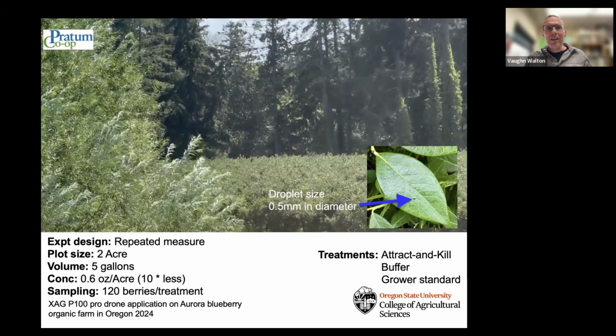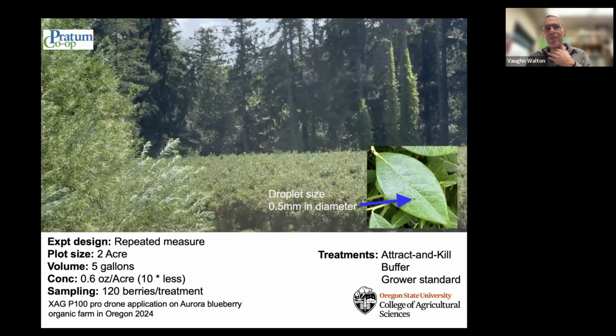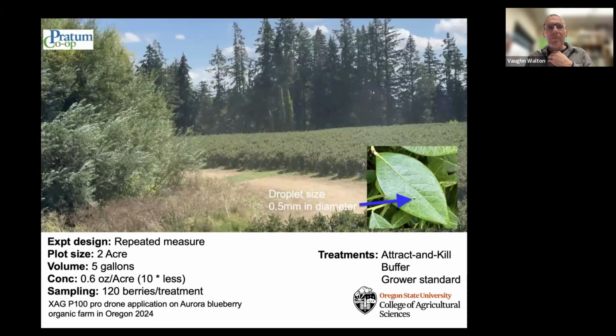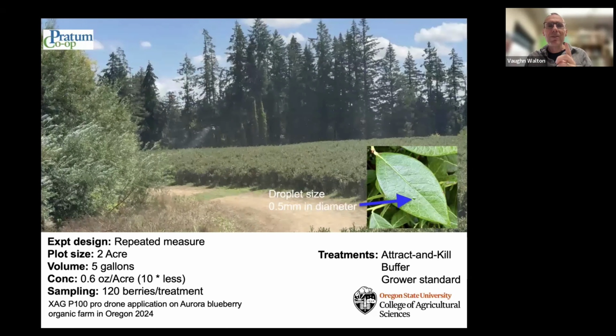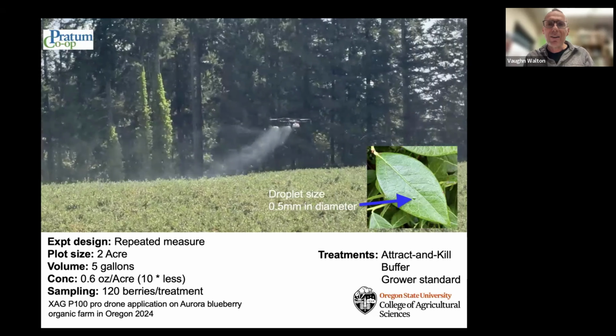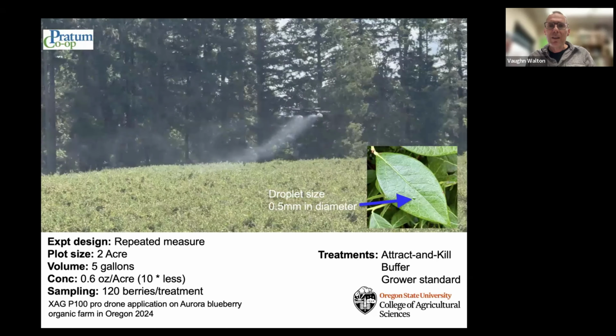You'll see it going from left to right on your screen, applying at that rate, and you'll see it stop spraying kind of midway through. It was programmed to stop spraying because there's a road, little passageway in between there. I think it's stopping. Now it's going again.